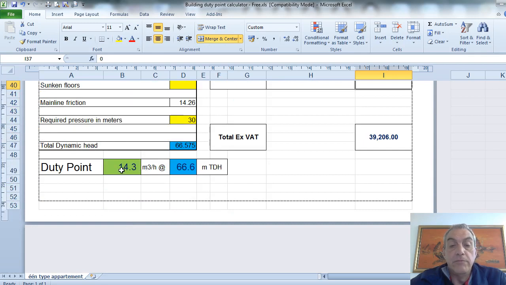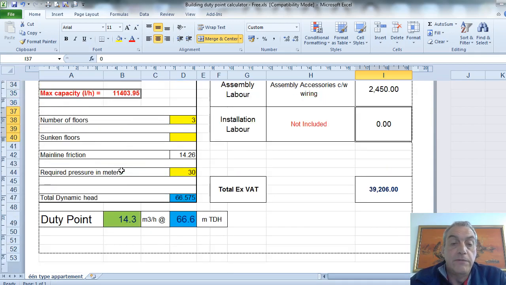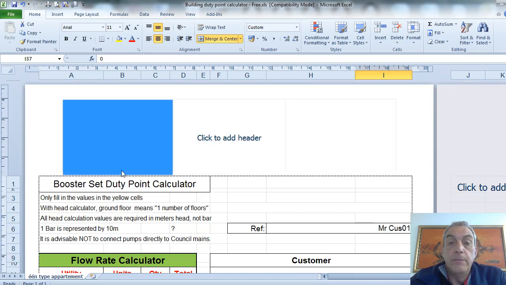I can assure you I've been using this calculator for the best part of 12 years. Never had a failed system where the pump selection was incorrect. The pumps might have failed for whatever reason due to their quality, some pumps that we were free issued for clients to use. But I can assure you that the calculation for the duty point itself is very, very useful and very accurate. So I hope that works for you guys.